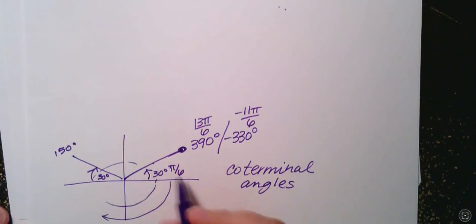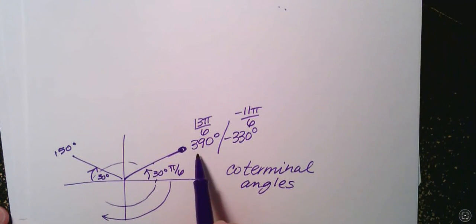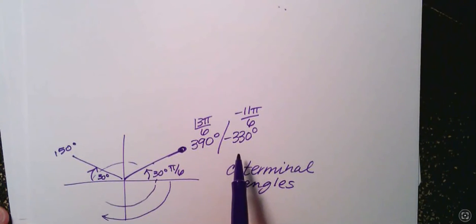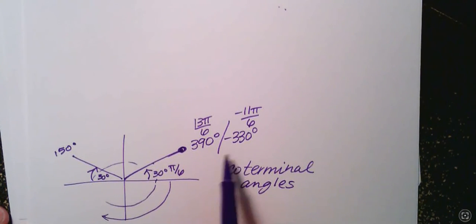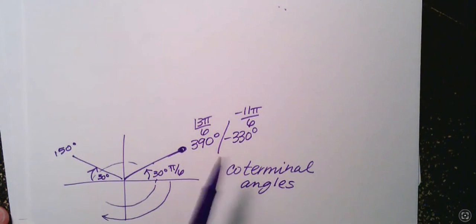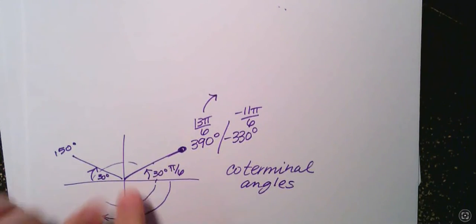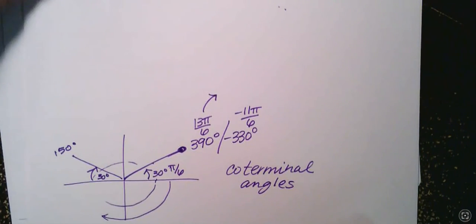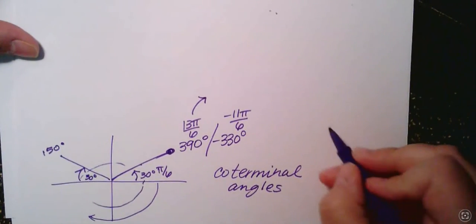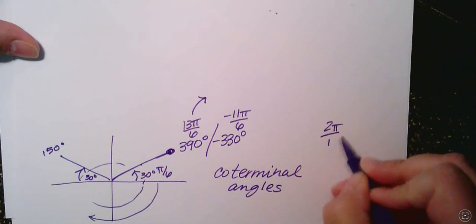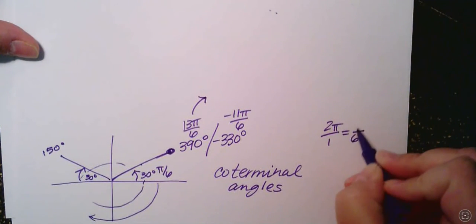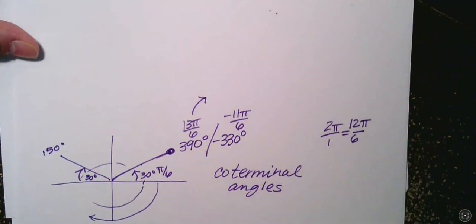And remember that all the way around the circle, in terms of radians, is 2 pi. So basically, instead of adding 360 and adding 360, or subtracting 360, you're adding 2 pi each time. I could find more angles that have that same terminal side by adding 2 pi. Well, 2 pi, if we're thinking of sixths, would be 12 over 6.